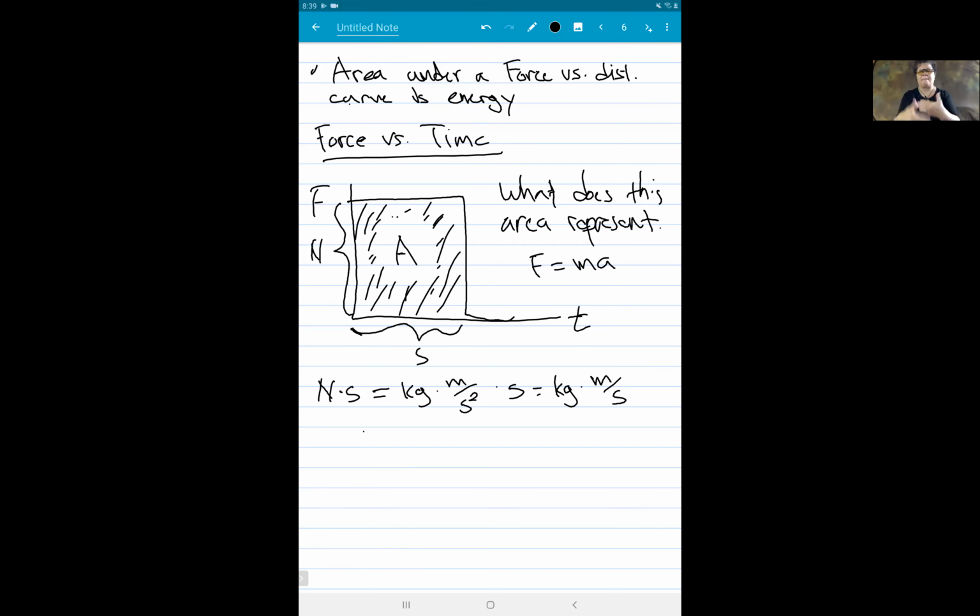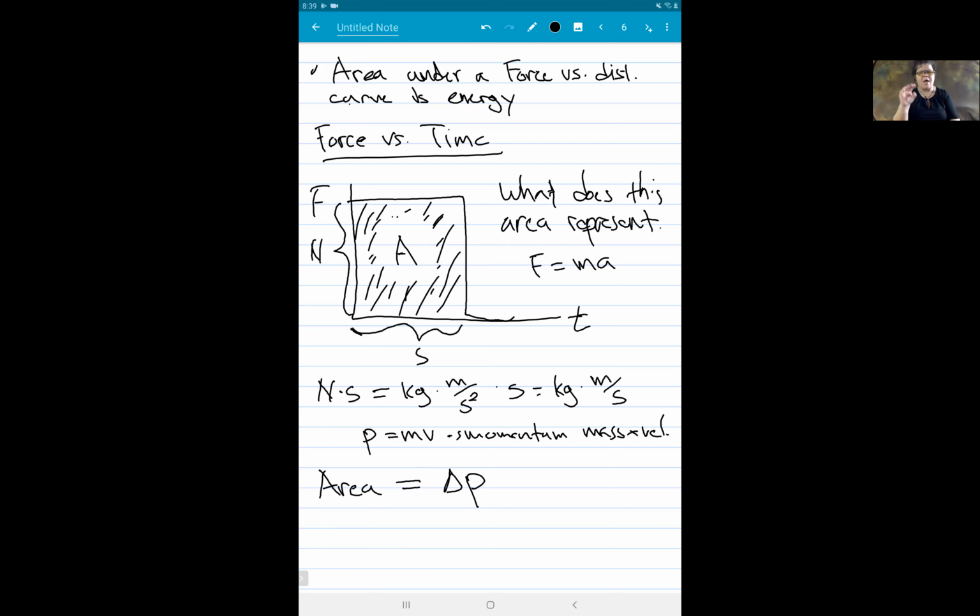If you ever have to find momentum, it's usually given as p equals mv, which is mass times velocity. That's momentum. And that's what we have here, kilograms times meters per second. So the area is actually equal to, not just momentum, but a change in momentum.